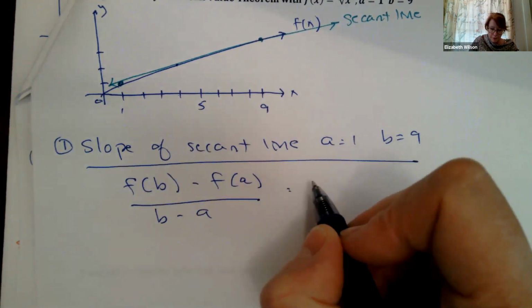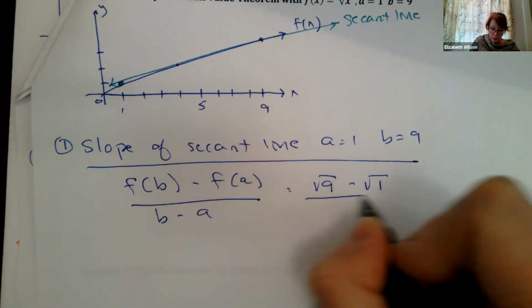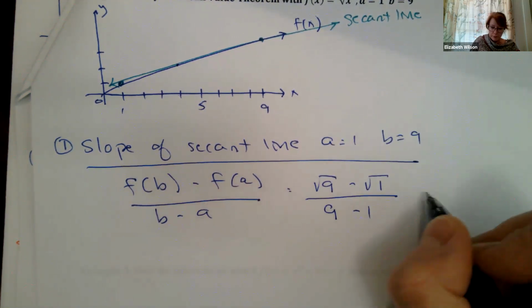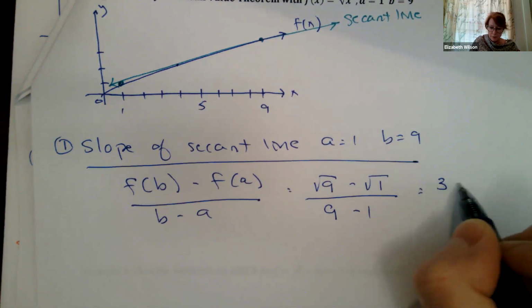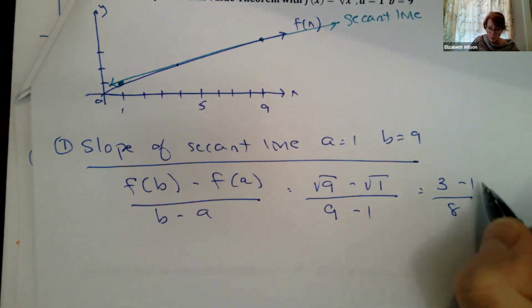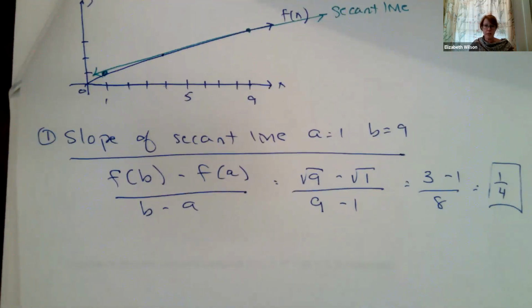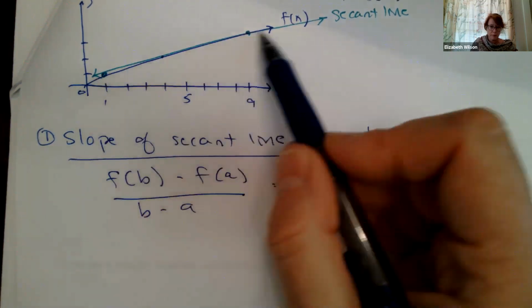Okay, so f of B, so this is going to be radical 9 minus radical 1 all over 9 minus 1. Radical 9, 3 minus 1. This is going to be 9 minus 1 is 8. So we're looking at 2/8. This is 1/4. That's the slope of our secant line, right? It's positive. This is a positive slope here.